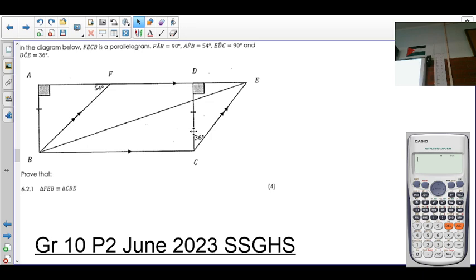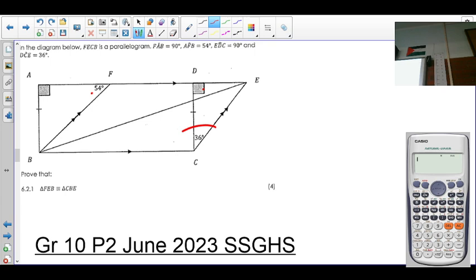We are told that in the diagram, right? That's a parallelogram. Then we are told that AB is equal to 90, AFB is 54 degrees. Then we are told that EDC is 90, and DCE is 36 degrees.